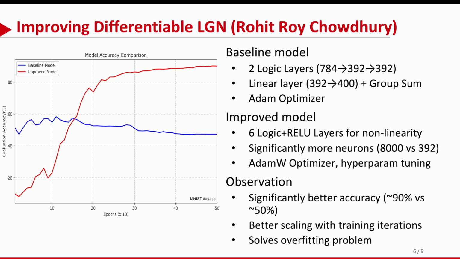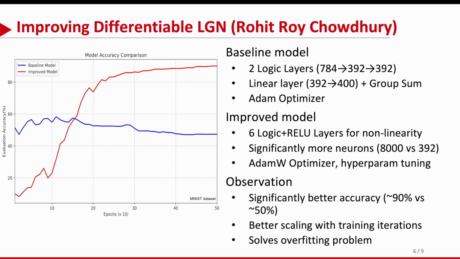That's a significant improvement. This wasn't just about throwing more compute at the problem. The combination of deeper architecture, nonlinearity from the ReLU layers, and better hyperparameter optimization solved the fundamental limitation of our baseline approach.